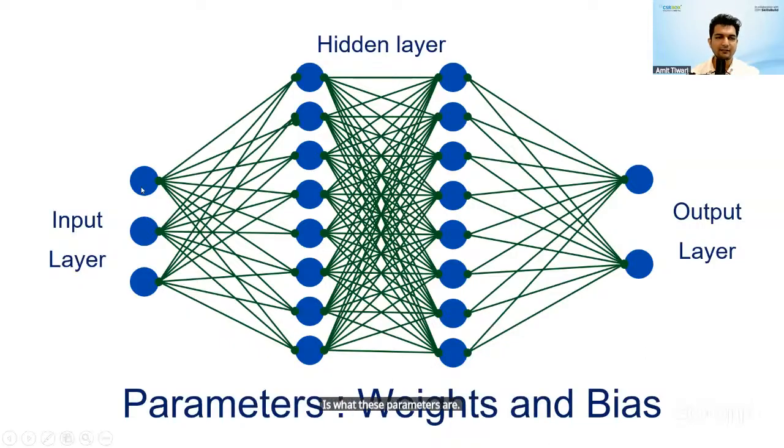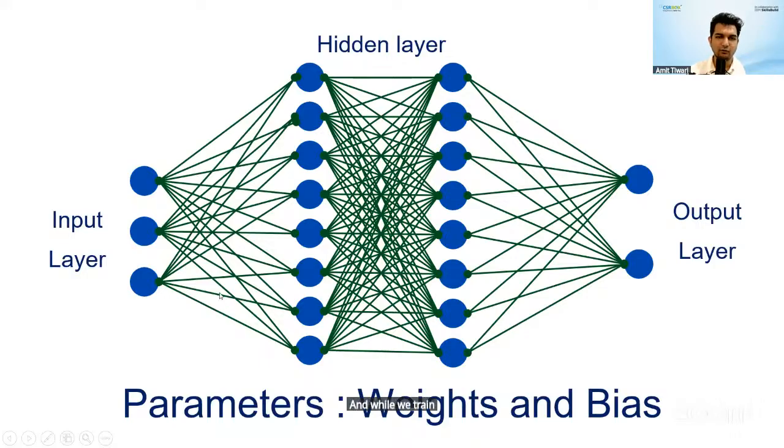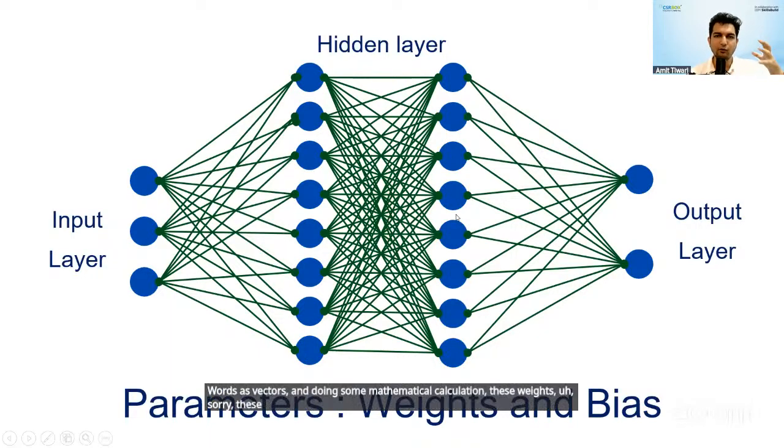These circles that you are seeing are called nodes, and these lines are called branches. While we train this neural network on words, we feed the input layer with words as vectors, and through some mathematical calculation, these nodes hold some values.